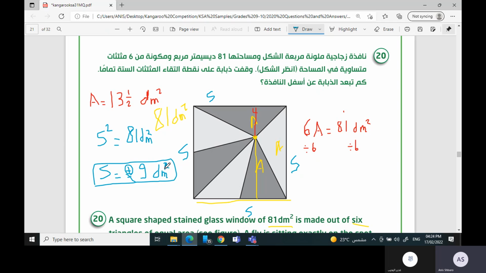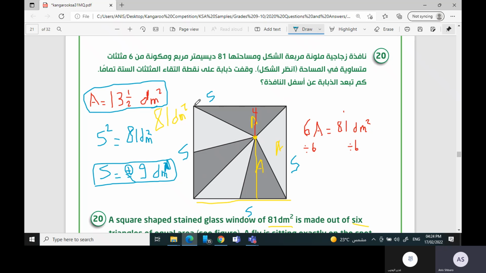So of course, the square will be removed by the radical, and decimeter will go outside alone. And now it's clear that S is equal to 9 decimeters. And of course, the area of each triangle is 13.5.